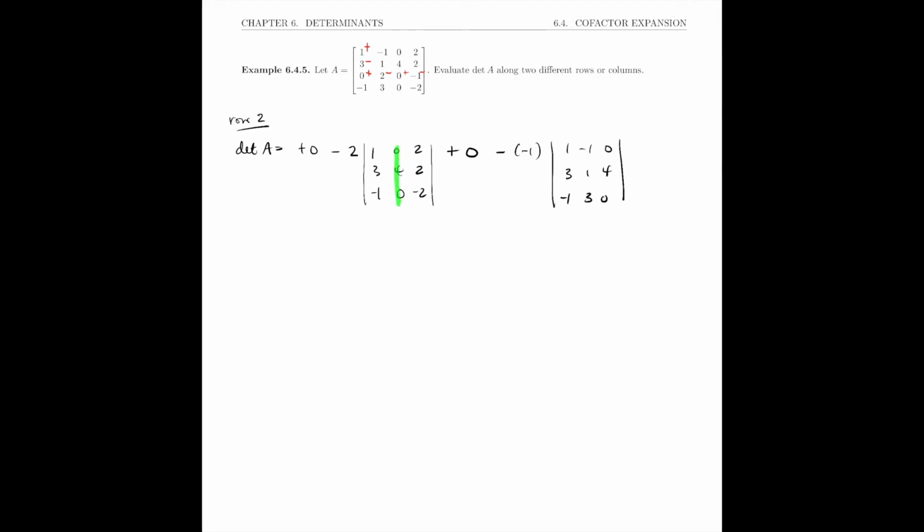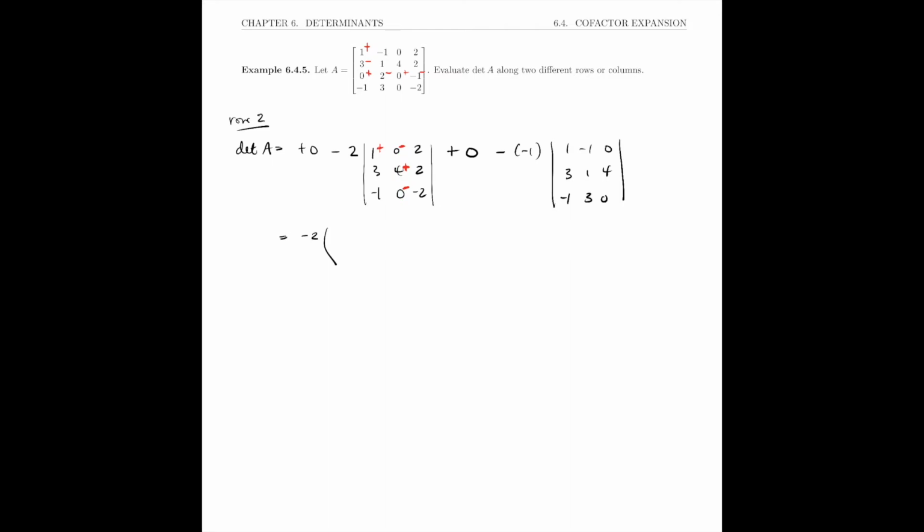So I'm going to do column 2, which means I need a grid here, plus, minus. So minus, plus, minus going down column 2. And so I can leave off this 0 here, minus 2 times, and I'm going to do a cofactor expansion going down column 2.